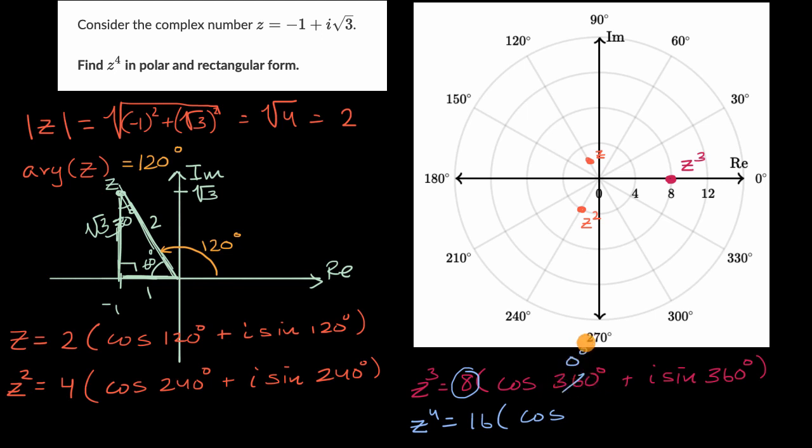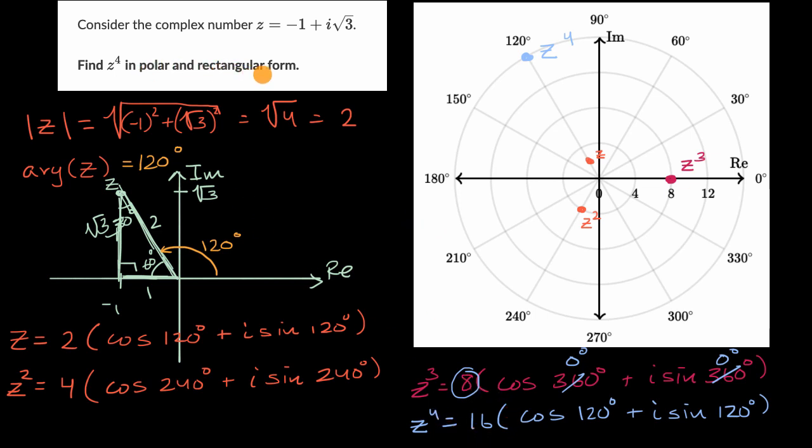So if I add 120 to that, I get cosine of 120 degrees plus i sine of 120 degrees. So my argument is back to being at 120 degrees, but now my modulus is 16. So there's 4, 8, 12, 16. This outer circle right over here, I am right over there with z to the fourth. So we're almost done. We've just represented z to the fourth in polar form.